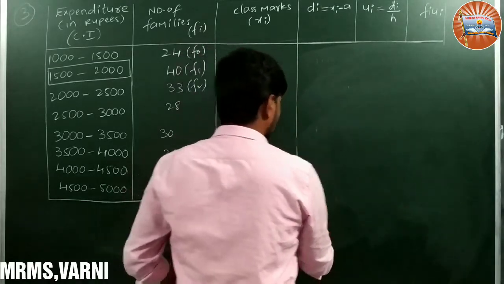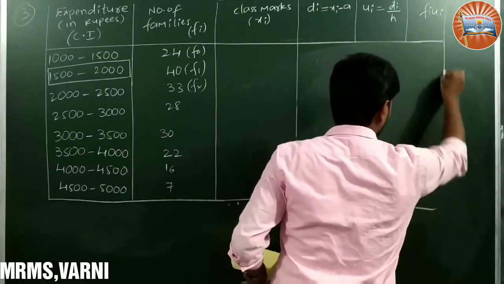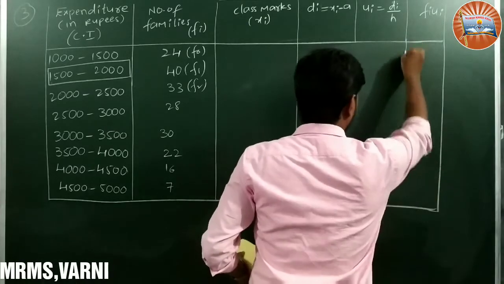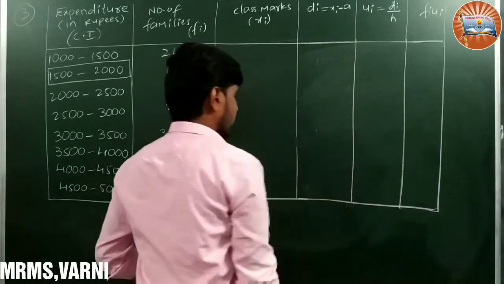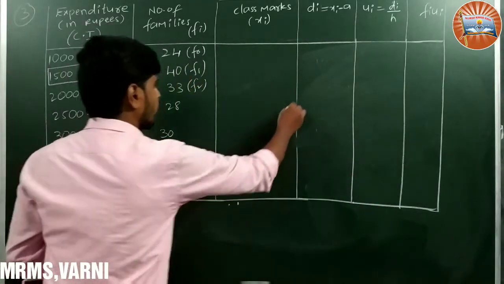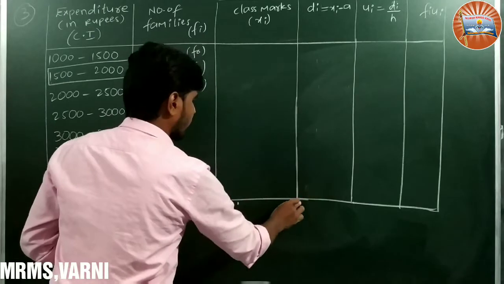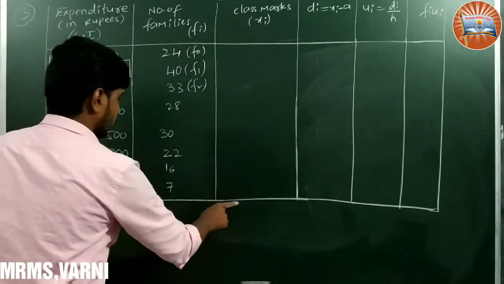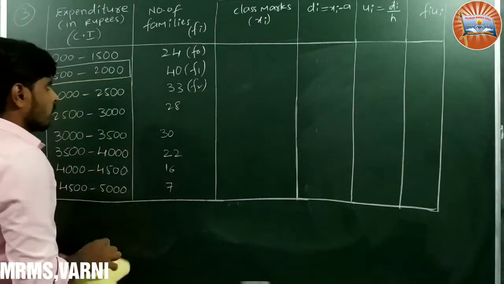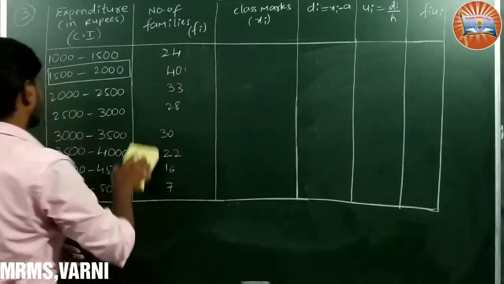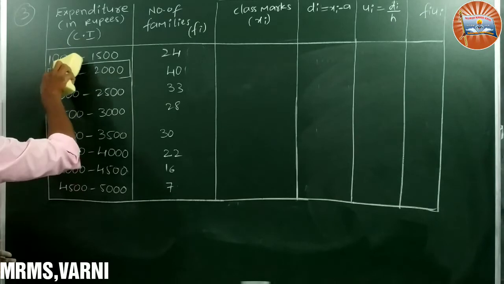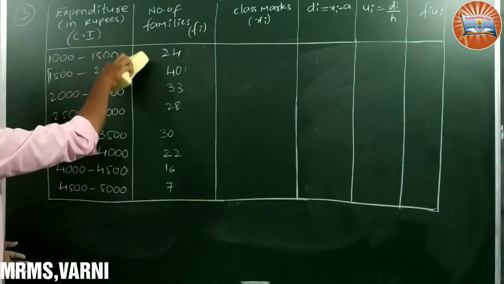Right, take the box again. This box is for mean actually. So write it carefully. Now write all these things. No need for this modal class now.